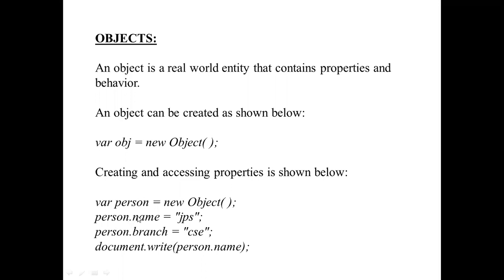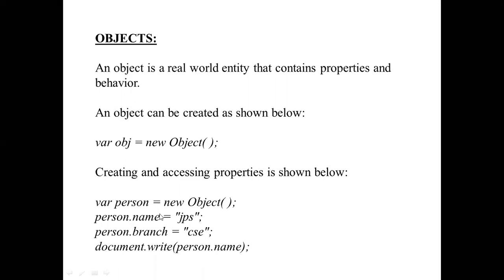Person.name, that is the property, equals the value of that property. Next property is branch. Branch is a property, person is the object and CSC is the value of that property. So this is creating properties and accessing properties.